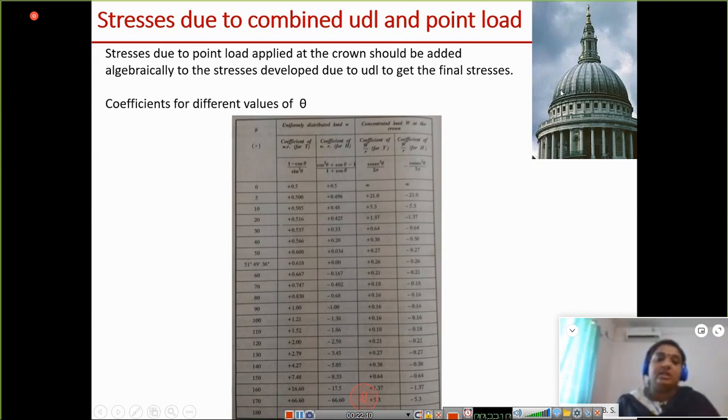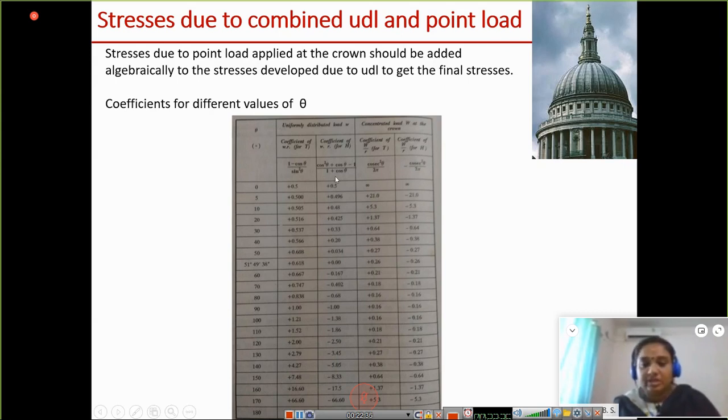That is the important thing. So you need to algebraically add the stresses due to UDL and the stresses due to the concentrated load to get the final stresses. So in the text, you can see the formula like this, where they have calculated this coefficient for different values of theta and then getting this value.